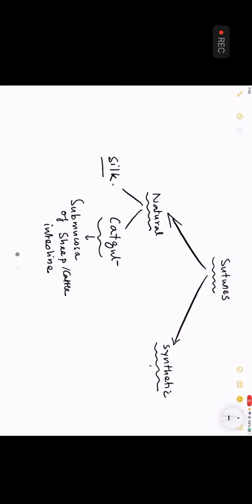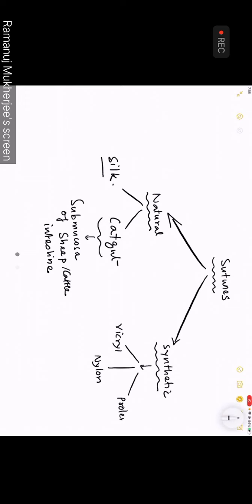Synthetic sutures are, for example, Vicryl, nylon, Prolene, and PDS. These are the things that are in your syllabus, and as a student you are required to know these parts very well.